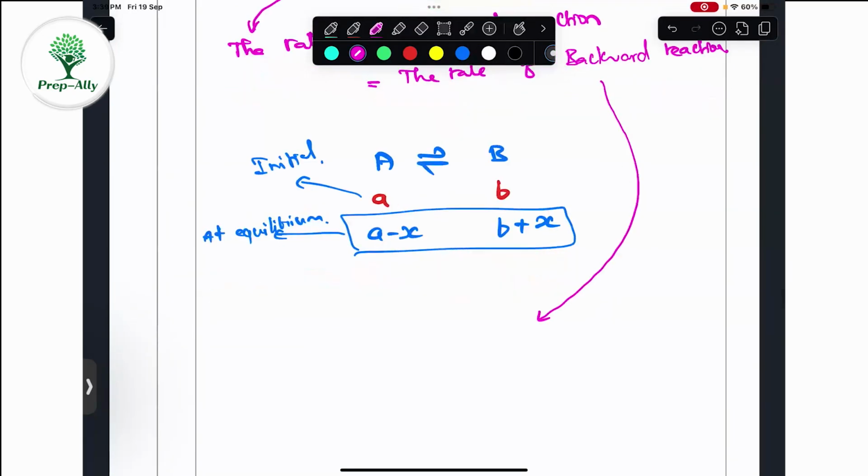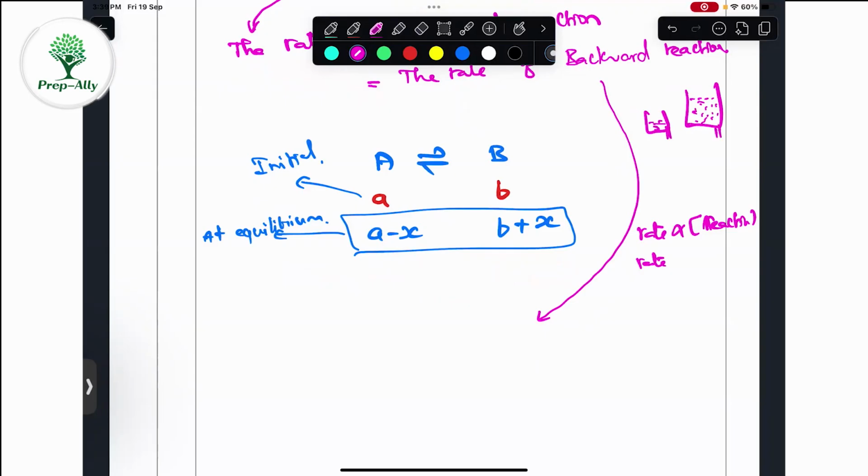Now put this. What is the rate? Rate is always going to be directly proportional to the concentration of reactant. Let's say you have two things. Let's assume this is a physical change, but still you can relate it with a chemical reaction.